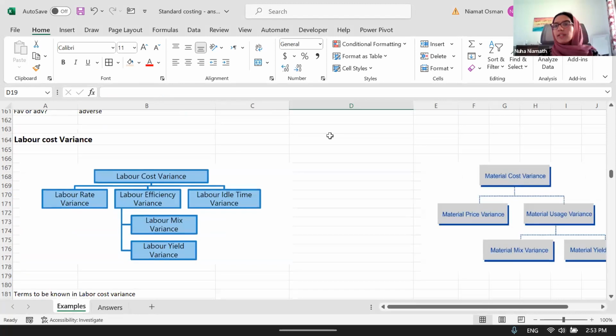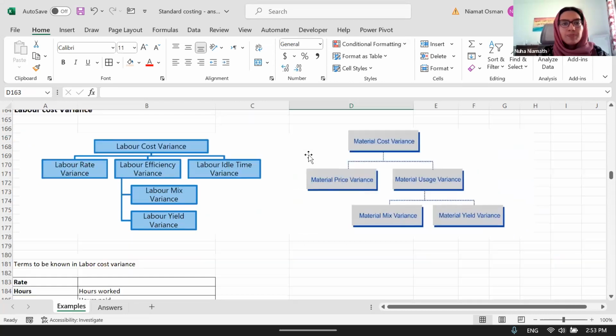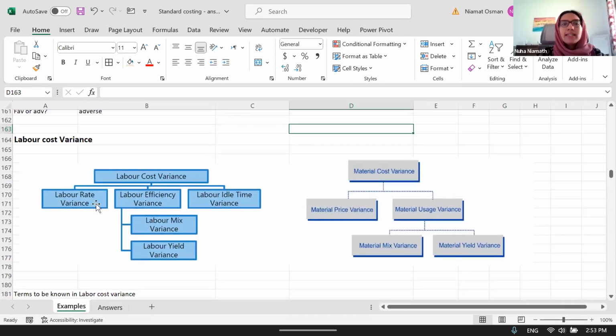Okay, so now I'll be very quick with this. I'm not going to spend time like material variance because this is very similar to material variance. So just for comparison purpose, I have brought material cost variances also. Labor cost variance has three components: labor rate variance, labor efficiency variance, and labor idle time variance. Labor efficiency variance has mix variance and yield variance.